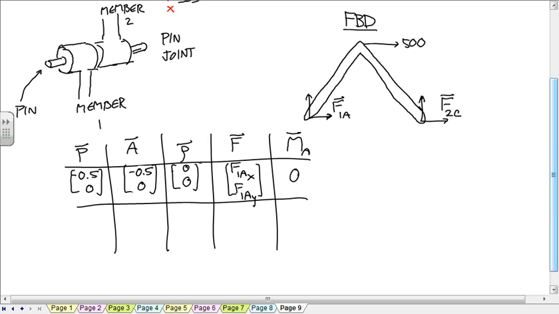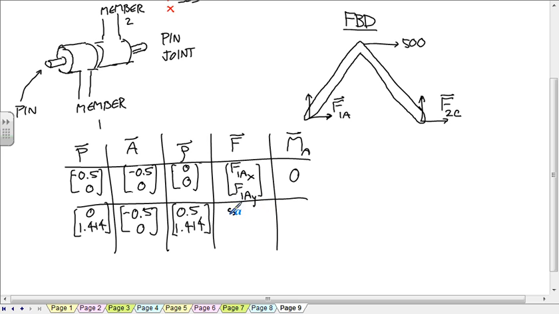And now let's go up to the 500 Newton force. What are the coordinates where that force is applied? Square root of 2, I think, right? Yeah. So we have 0, 1.414. The about point is still this. So the row vector is positive 0.5, positive 1.414.